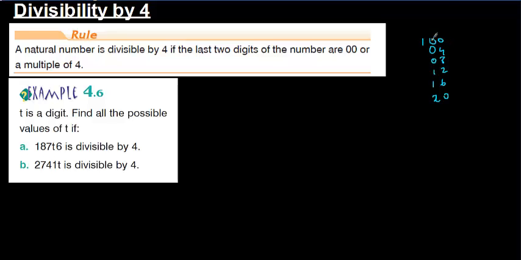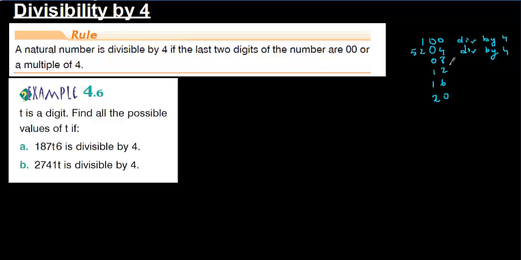If I write here 1 and this becomes 100, this is divisible by 4. And if I write, let's say, 500 or 2004, this is divisible by 4 again. If the last 2 digits are a multiple of 4, then the number is divisible by 4.